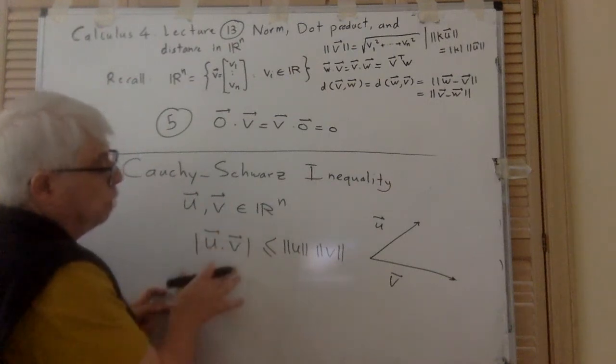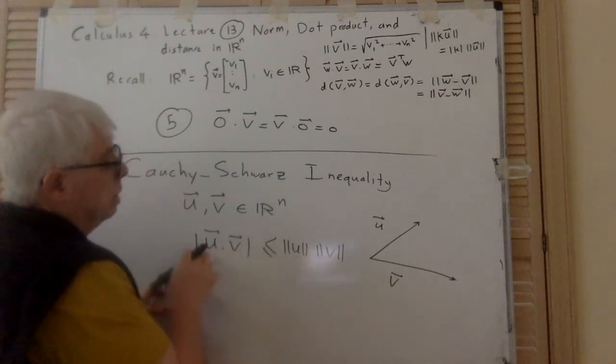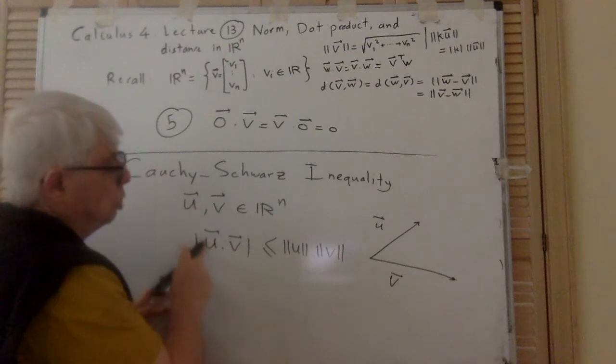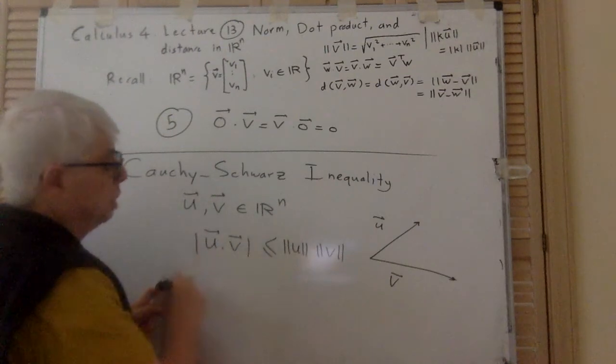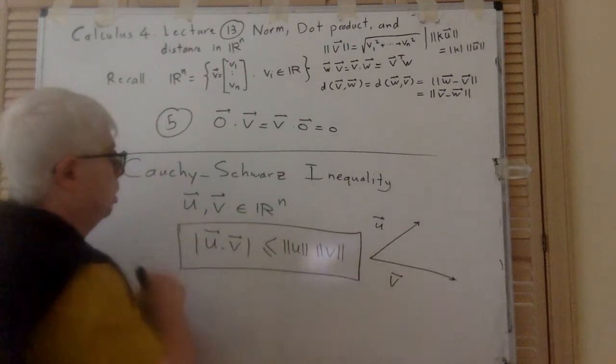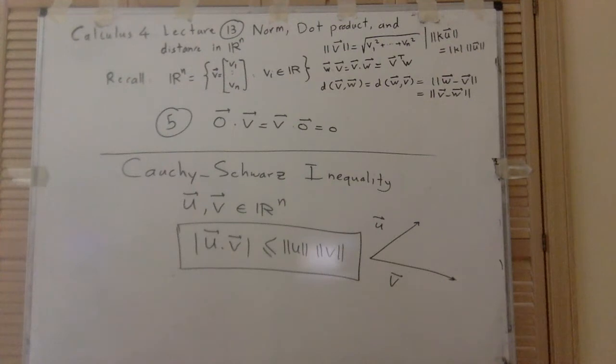So we put absolute value. The absolute value of this is less than the magnitude of this times the magnitude of this, or the norm of this times the norm of this. So this is amazingly important, and it will come up in many areas of mathematics. So that's the Cauchy-Schwarz inequality.